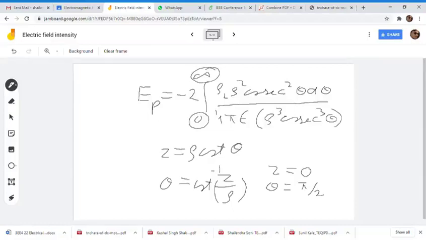And for z equal to infinity, your theta is going to be 0. So theta will be cot inverse infinity, that will be 0, and for z is equal to 0, theta will be cot inverse 0, and where cot is 0, it is at pi by 2. So we can change this limit.